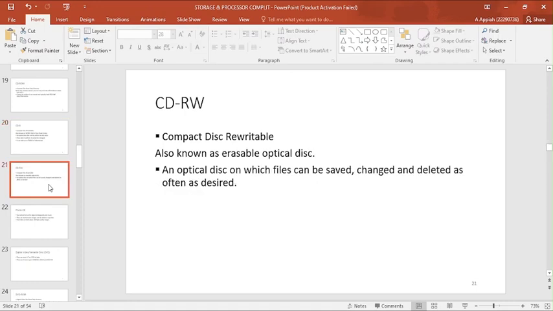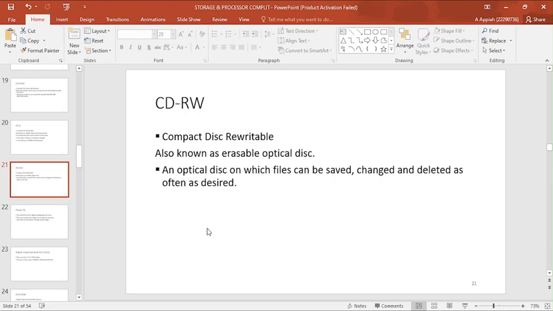Then we talk about compact disc rewritable. It can also be termed as the erasable optical disc. It is an optical disc on which files can be saved, changed, and deleted as often as desired. So as the name implies, rewritable, compact disc rewritable.